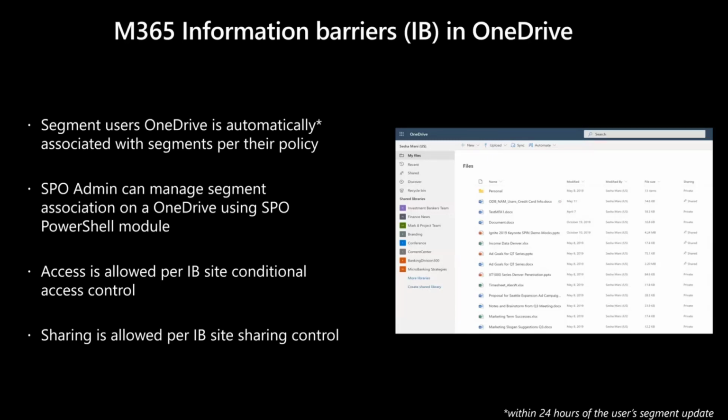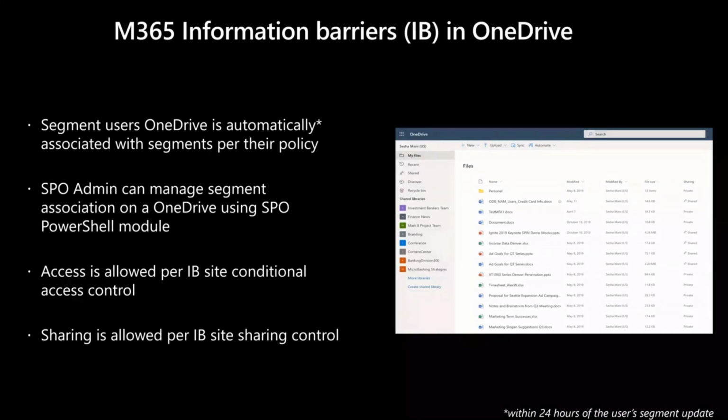Now, if the user has an information segment, the user's OneDrive will automatically get associated with the user segment per their policy. So if a user belongs to investment banking, the user's OneDrive site will automatically get associated with investment banking, as well as other segments which are allowed to investment banking per policy.